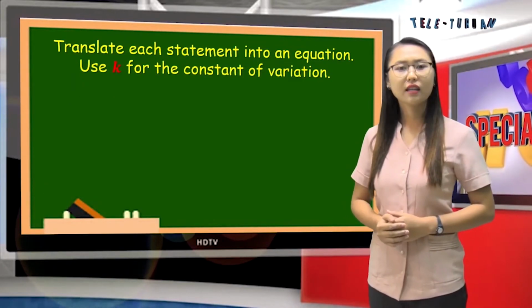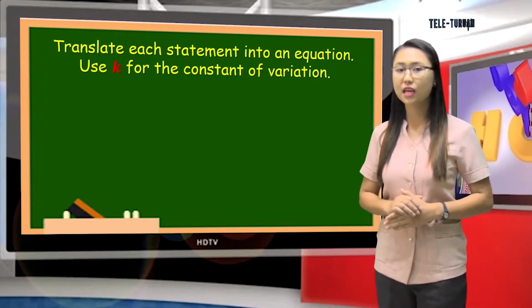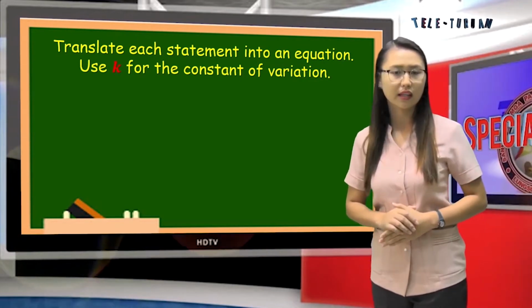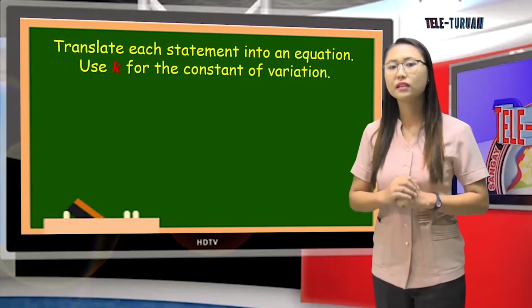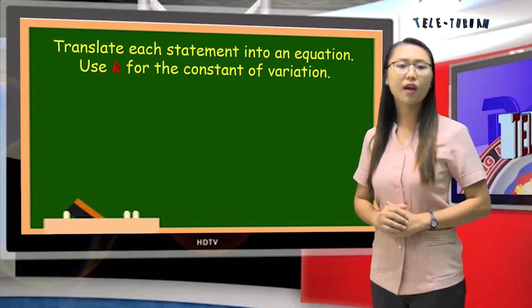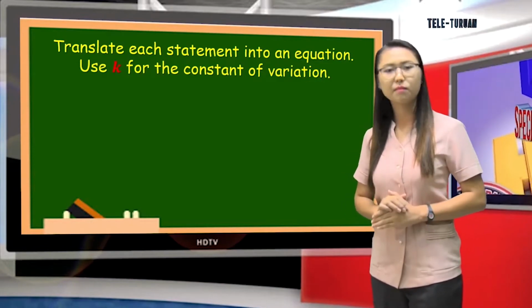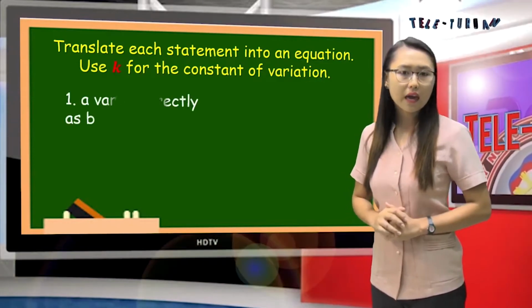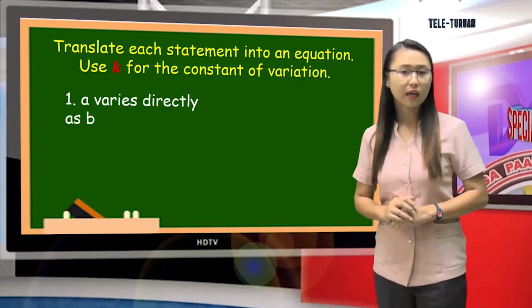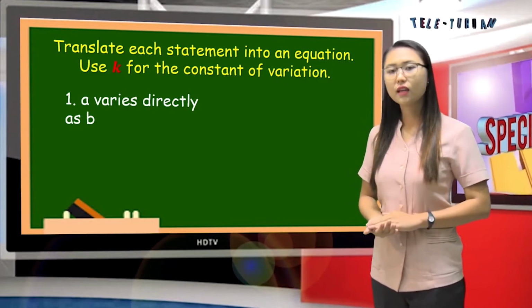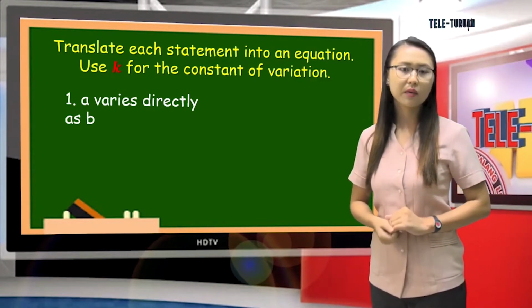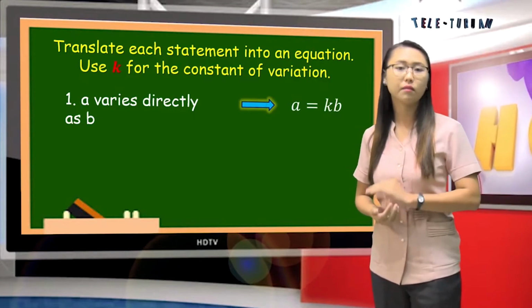Now, let us study how to translate the given statement into an equation. Let us have the following statements. Let us use K for the constant of variation. For example, A varies directly as B. When we translate it into an equation, it will become A is equal to KB.